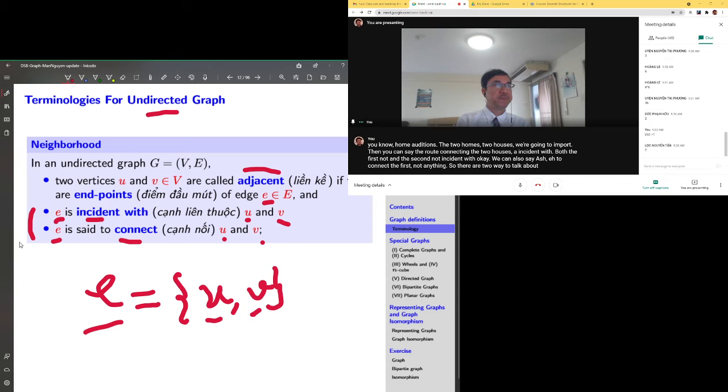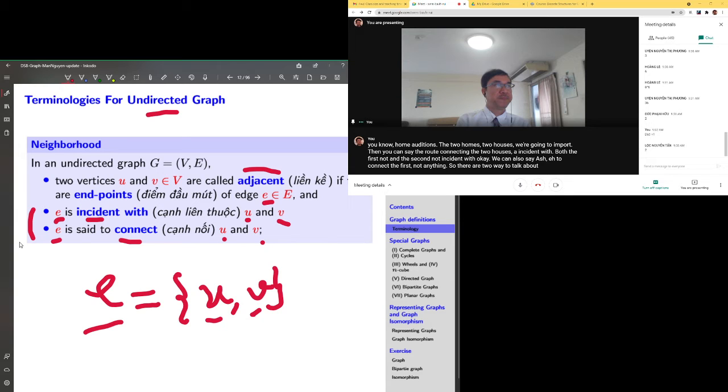We define the degree of any vertex. So in an undirected graph, you are given a vertex, then we define the degree of that vertex, okay? And we denote it by this and define it to be the number of edges incident with that vertex.